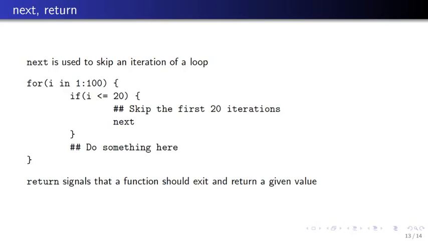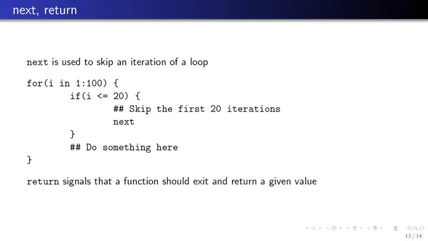If i is less than or equal to 20, I'm just going to skip. So I use the next expression, and it'll skip everything else in the for loop and iterate again. So once i gets beyond 20, then of course the expression i less than or equal to 20 will be false, and so it won't execute the next. It'll go into whatever the body of the code for the for loop is.